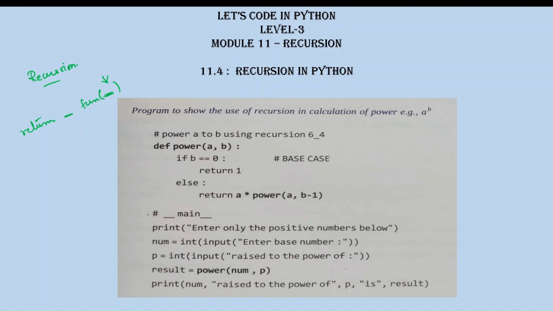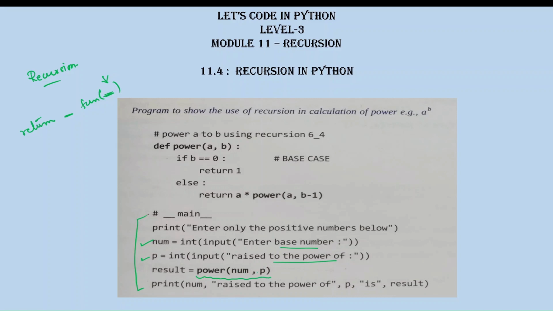Okay, so if we just glance at this particular program, here is the main part, the main code. Enter only positive numbers below. In num, you are entering the base number from the user. Then in P, you are entering the power also from the user. Here is the function call.